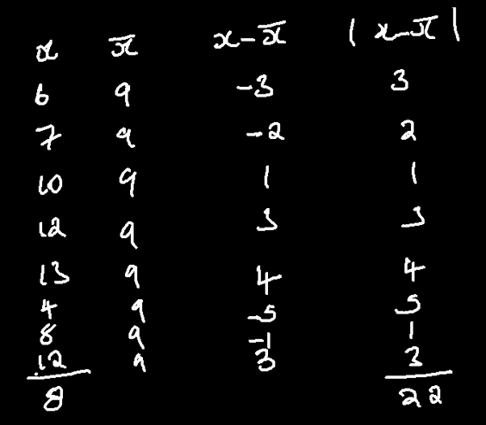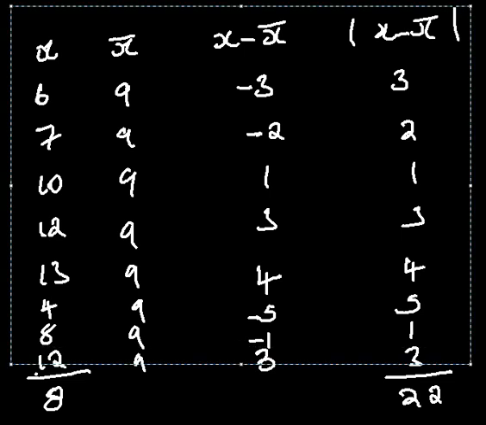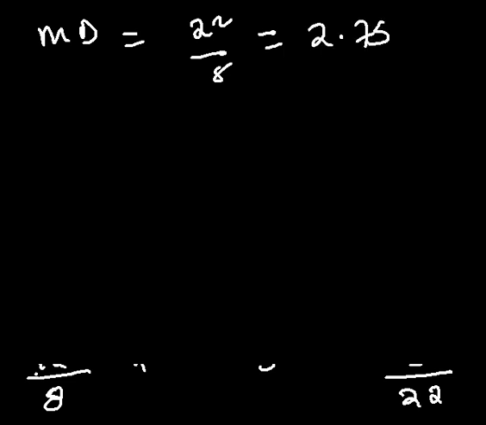Now, in this case, the mean deviation, according to the formula, will be given as 22 divided by 8, which is 2.75. So this is what we get as the mean deviation.